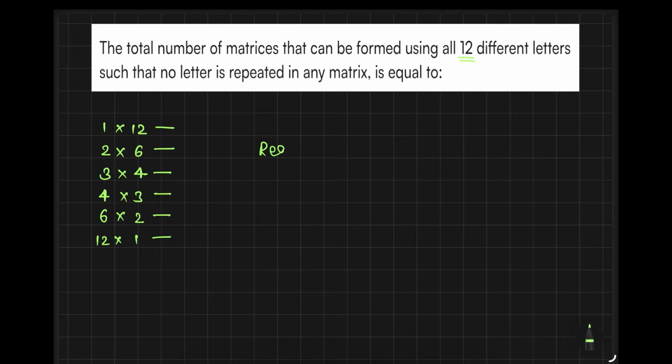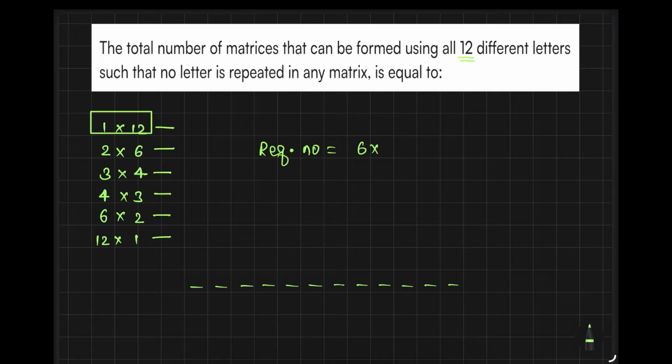Okay, so look at this. The required number: first you know that there are a total of 6 ways possible. Now you know that there is a vacancy of 12 places. Suppose you are considering one of the cases: 1, 2, 3, 4, 5, 6, 7, 8, 9, 10, 11, 12.